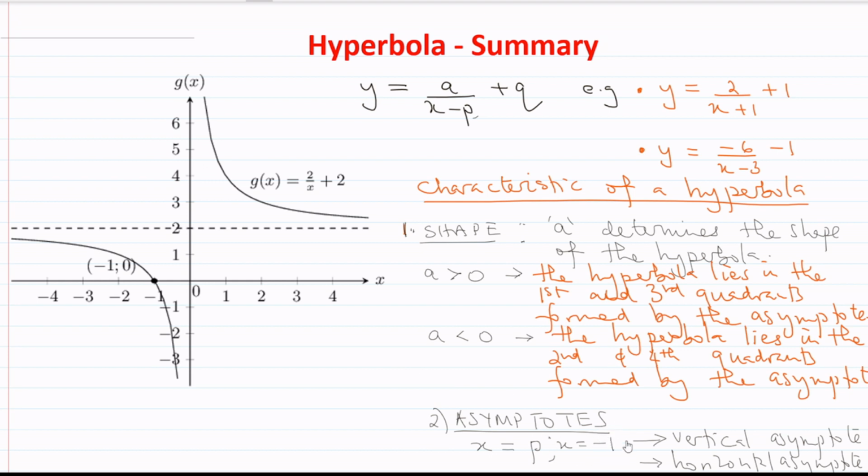Now, what does x equals -1 imply? It means it is a vertical line that crosses the x-axis at -1. Vertical means it is parallel to the y-axis. So if I were to draw it here, I will have a line, okay, it is vertical like that.